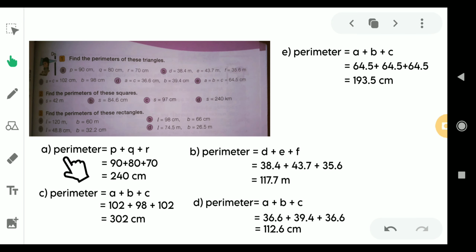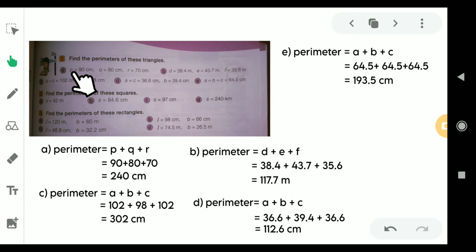In order to find the perimeter of the triangle, we add all the lengths of the sides, that is P, Q, R. Length of first side P is 90, second side is 80 centimeters, and third side is 70 centimeters. We add all the lengths, so it would be 240 centimeters. This is the perimeter of the first triangle, PQR.